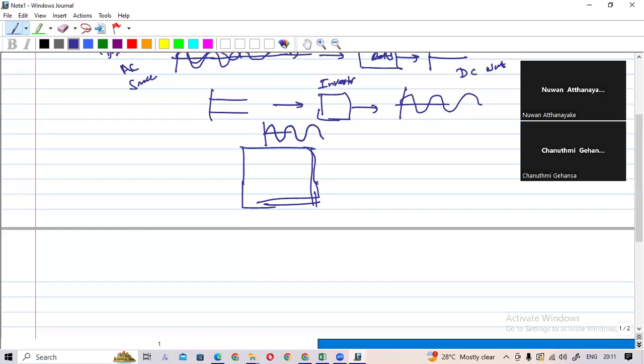This kind of sinusoidal signal we can't generate from a dynamo. That is not practical. Every TV and every cassette would need a dynamo, no? So that is not practical.